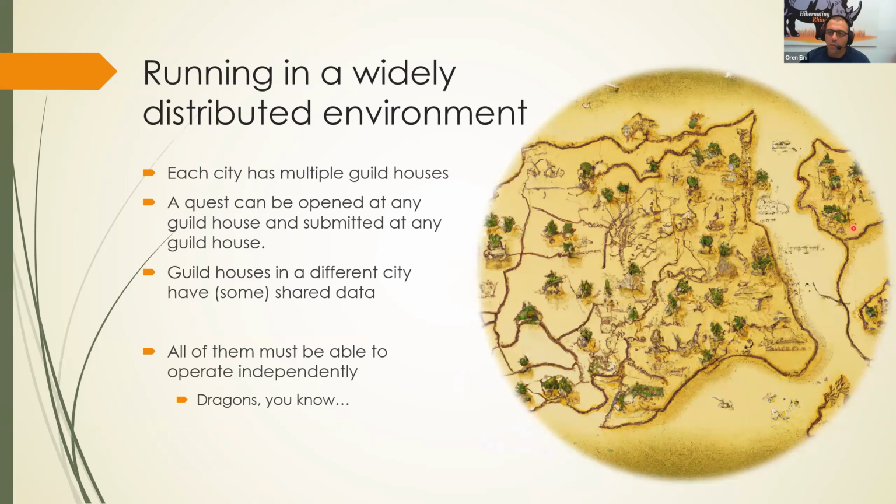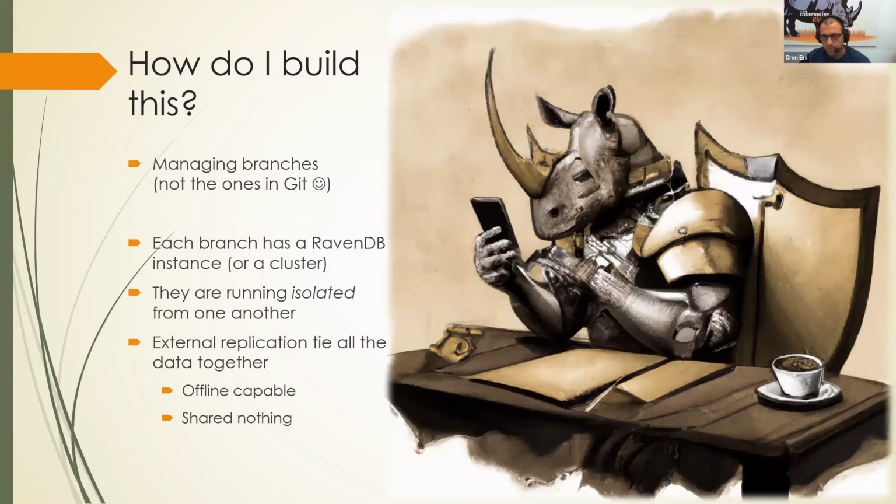And in here, I would also have a set of adventurers that connect to this one. But the whole idea is that I don't need to have a single hub. Each guild house would have its own adventurers, that's fine. But the guild houses are also connected to one another, so a write that happened in one location would actually flow all the way to the end.